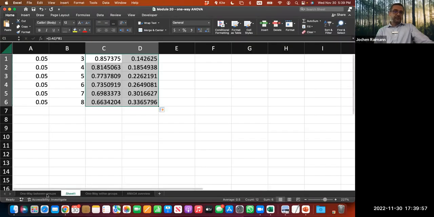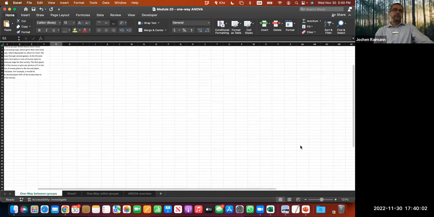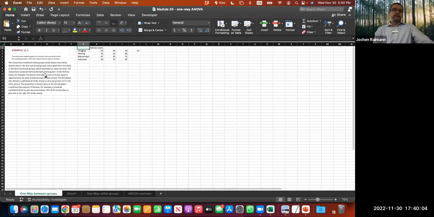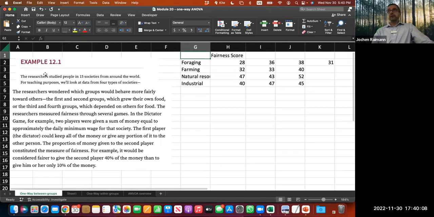The example essentially is the following. So 12.1, it's on Canvas. You have 3 spreadsheets in your worksheet. And 12.1 is the one-way between groups.